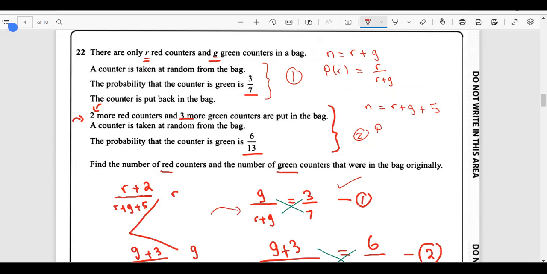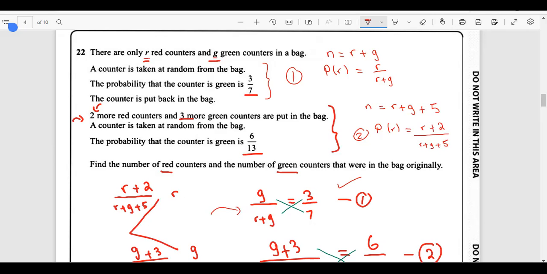And what is the probability of getting red now? Would it be R plus 2 over R plus G plus 5? Because that's the new N. Yes, very good. This is for red.